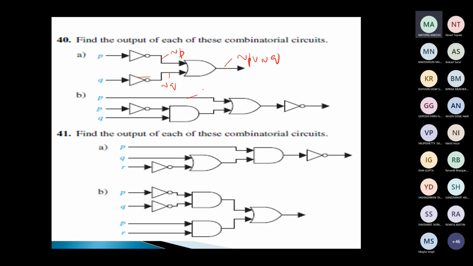B part, this is P first, and this is not P. This is Q. So not P and Q are connected using AND. So not P and Q. Both are connected using the OR symbol. So what is the output here?